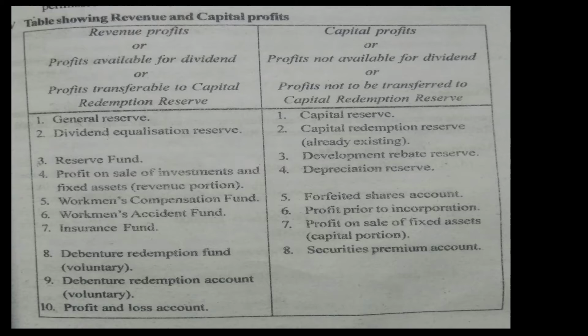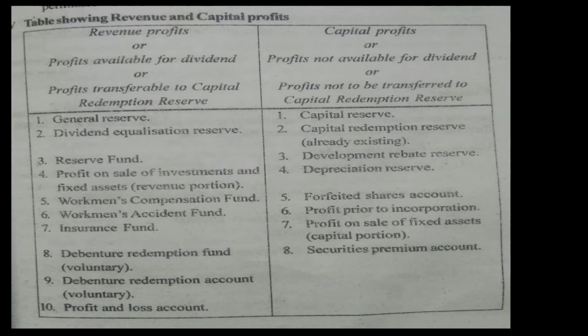The second column shows the reserves that cannot be utilized for transferring to CRR, that is capital redemption reserve. The first column shows the availability of the reserves to transfer to CRR. The second column shows the non-availability, which means the reserves shown in the second column will not be utilized to transfer to CRR.